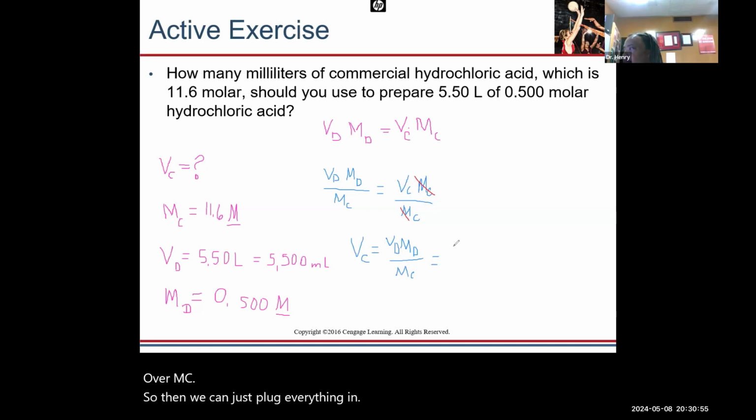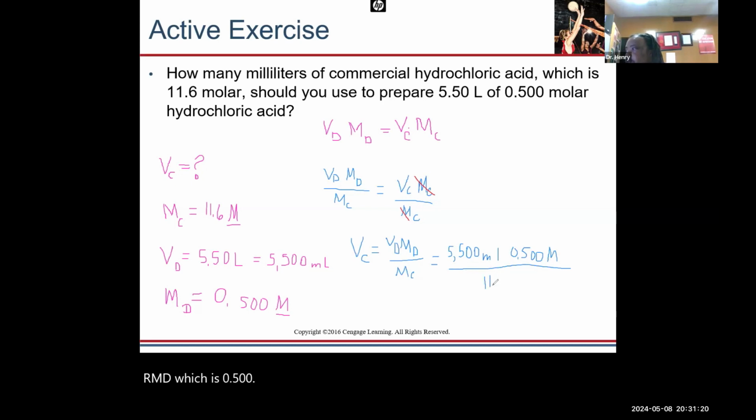Our VD is going to be 5,500 milliliters times our MD, which is 0.500, divided by 11.6.